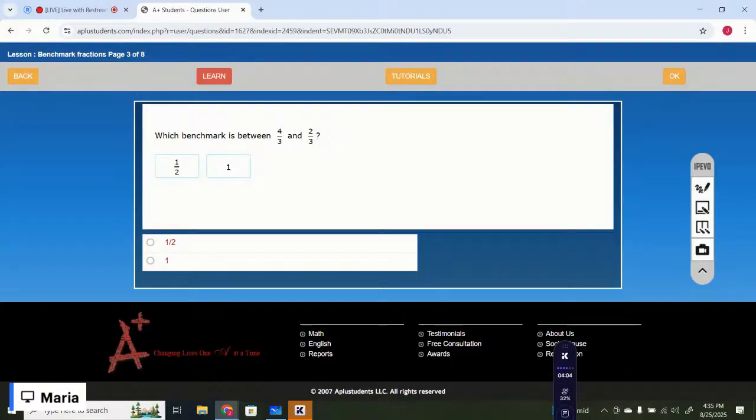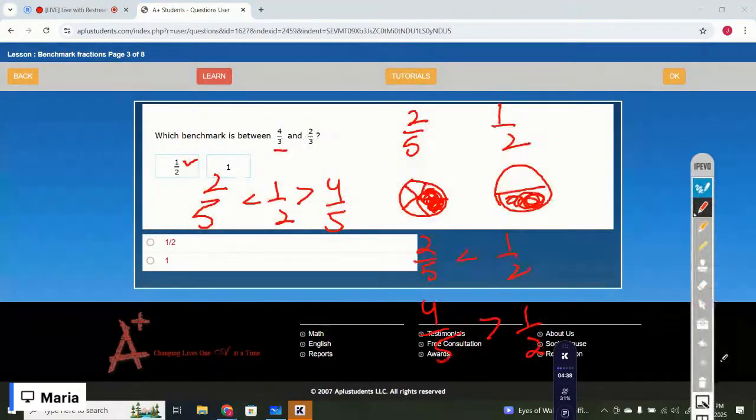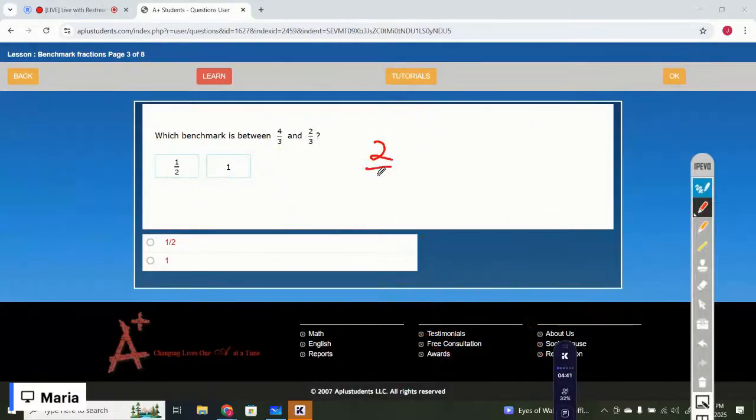Which benchmark is between 4 by 3 and 2 by 3? So 4 by 3, numerator is greater than denominator. That means this fraction is greater than 1. So 2 by 3 is less than 1, but 4 by 3 is greater than 1.